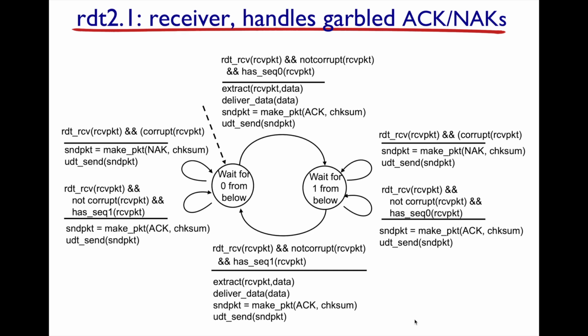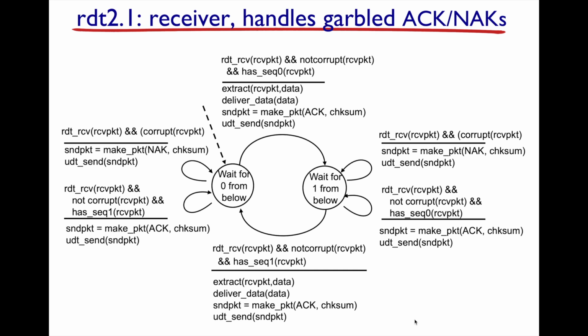Now, a bunch of things can happen if you're waiting for 0 from below. You could get a packet with sequence number 1. That's not what you're waiting for, right? So that's an error condition. You could get a corrupt packet. Well, if it's corrupt, you have to respond back and say, something didn't work, right? Or you could get what you're looking for, then you proceed, right?